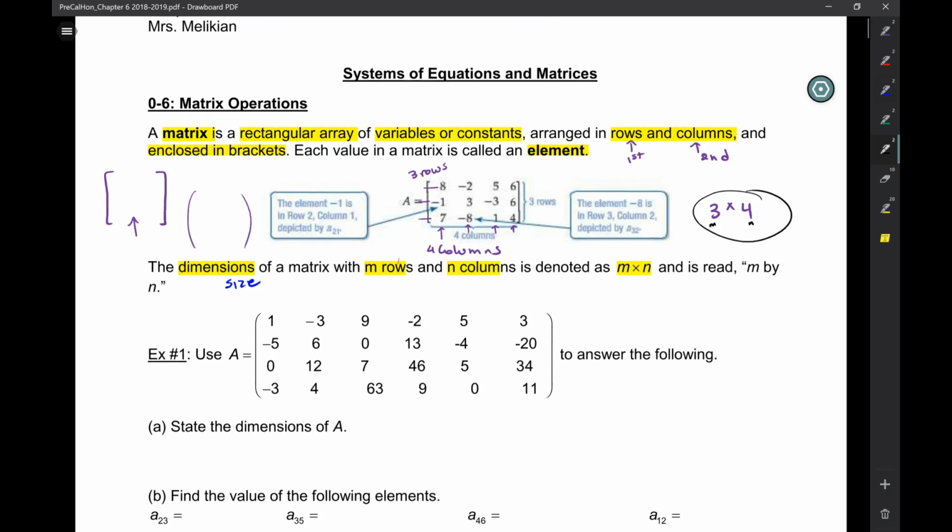Let's talk about the elements. By the way, another word for element in a different book may be entry. How we label the element is the same way. If you look at this element, the value of it is -1. The position of it is this.